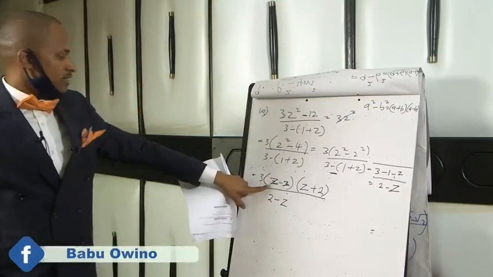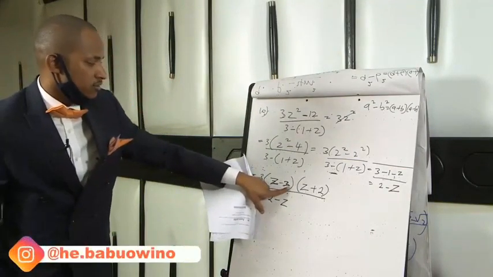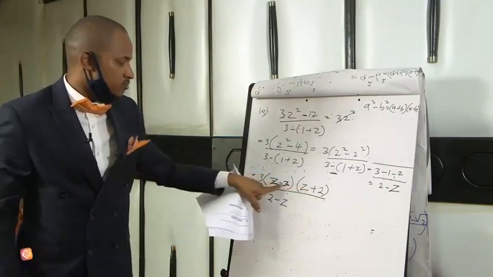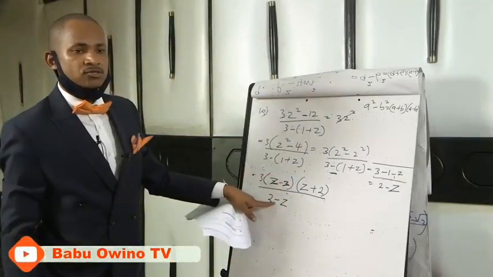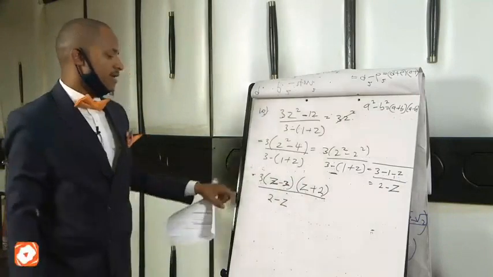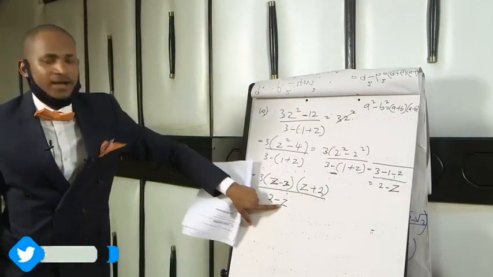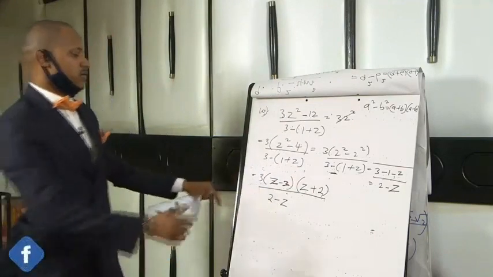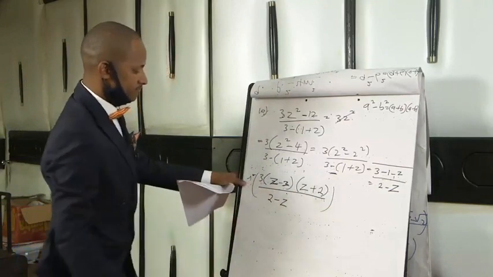Again, you can easily see that we have 3 into z minus 2 into z plus 2 divided by 2 minus z. Again, there is a relationship between z minus 2 and 2 minus z, but we introduce a negative 1 at the numerator.